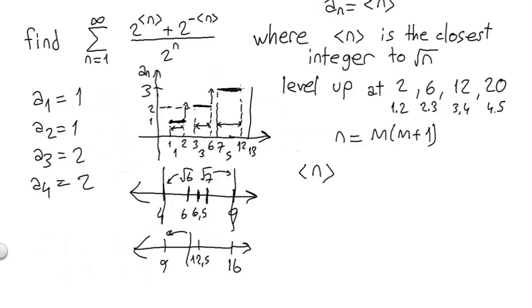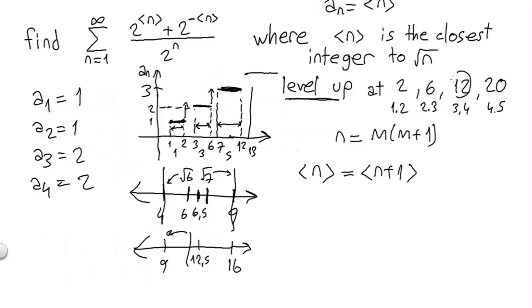Here these lines are just going to get wider and wider, because here I added 3, here I added 5, 7. So these lines are just going to get wider and wider. N is going to be equal to n plus 1 usually, but when is it not going to be equal is at the jump, at the level ups. So when I level up, n is not going to be equal to n plus 1.